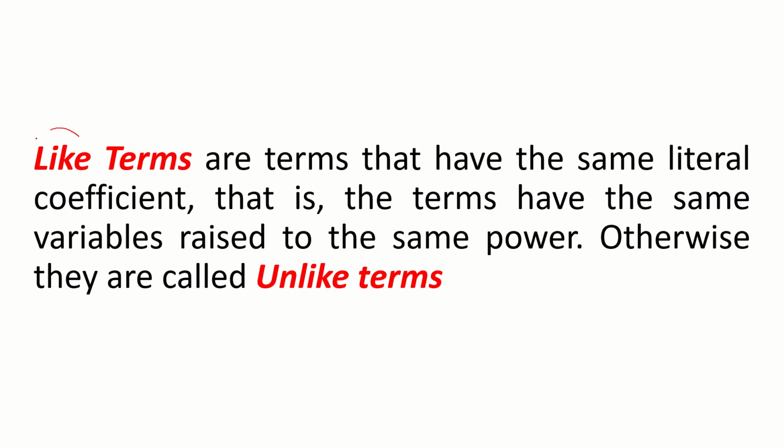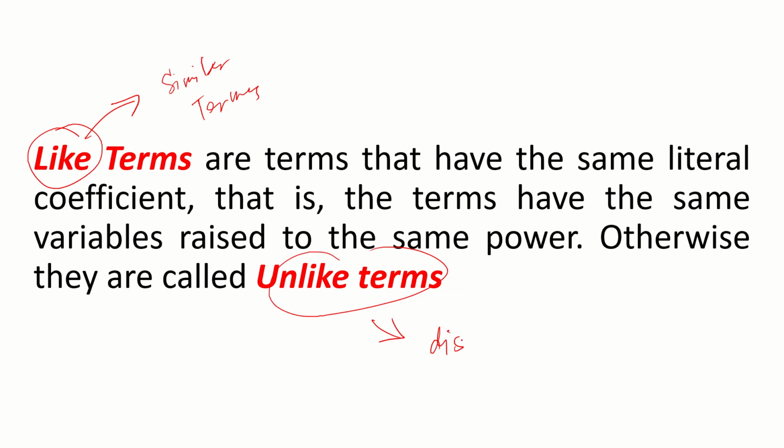In other books, you will also notice that instead of saying like terms, they might call it similar terms. Or if it's unlike terms, they might call it dissimilar terms. But in our sessions, we would prefer like terms, okay? Like terms and unlike terms.